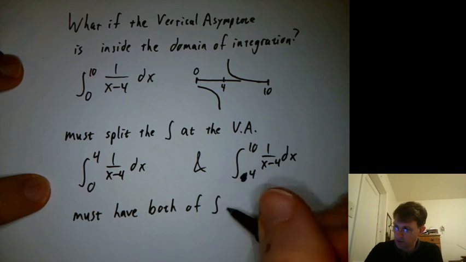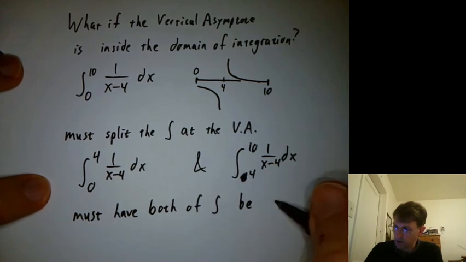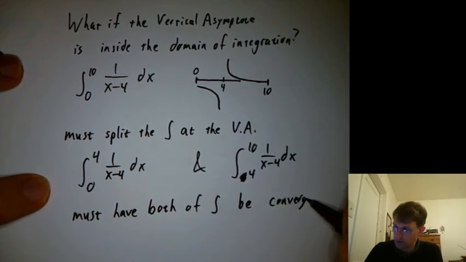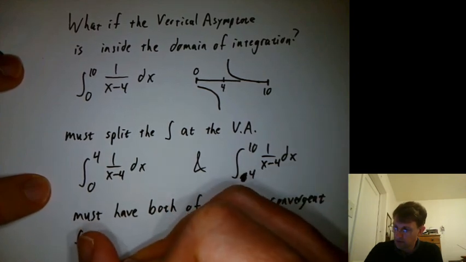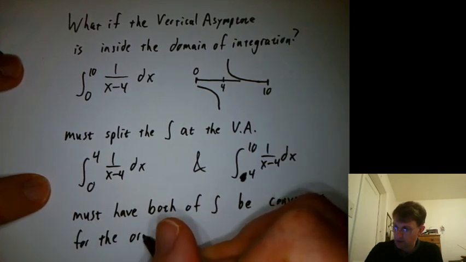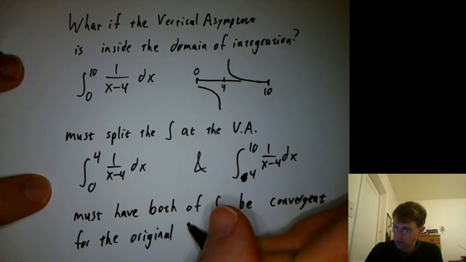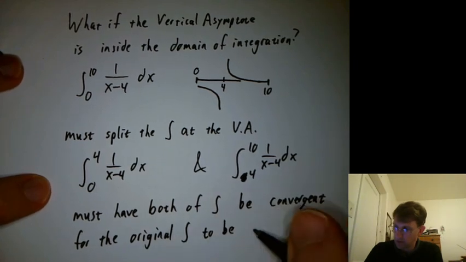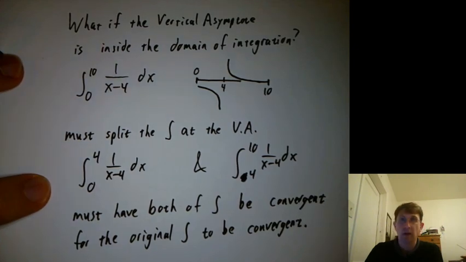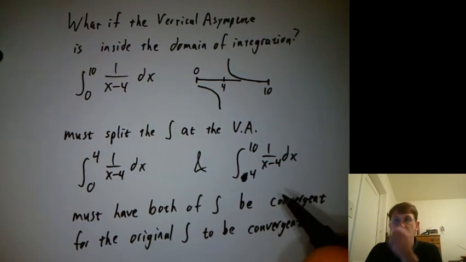So both of those integrals have to be convergent for the original integral to be convergent. And if they are, then you can add them together, and that's the value of your integral.